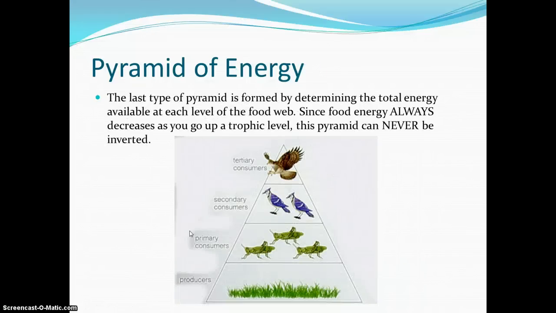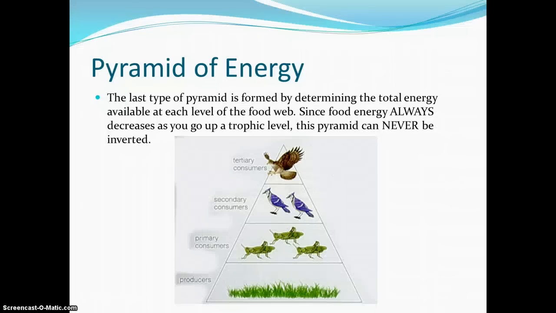Okay, our final pyramid is called the pyramid of energy, and we determine this by taking the total energy that's available at each level. And so again, you see the energy decreasing as you move up from the first trophic level to the second trophic level to the third to the fourth, right? And so you can see, right, that the energy always decreases.